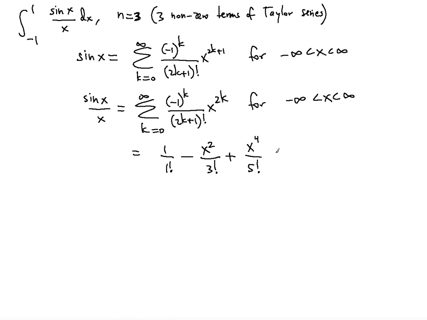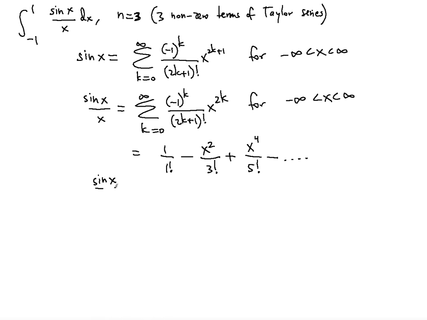And etc., minus, and then it just keeps changing signs and increasing powers of x, and so does the denominator. It increases by 2 all the time for the factorials. Now, why did we stop there? I stopped there because we need to find only 3 non-zero terms of this Taylor series. We already found this is non-zero, this is non-zero, and this is non-zero.